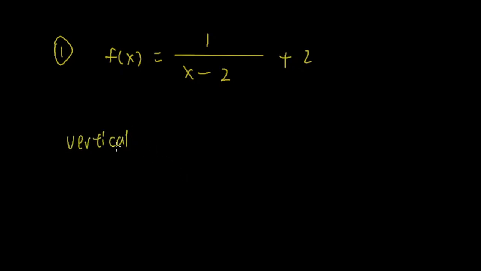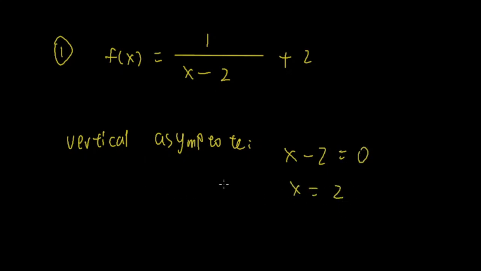Since there's nothing you can cancel out between the numerator and the denominator, you can just set the denominator equal to 0, and x equals 2 is the vertical asymptote.